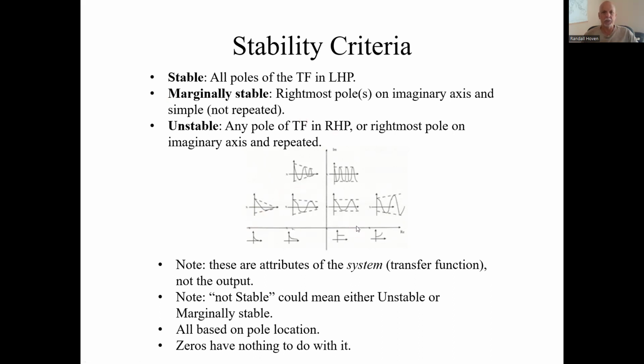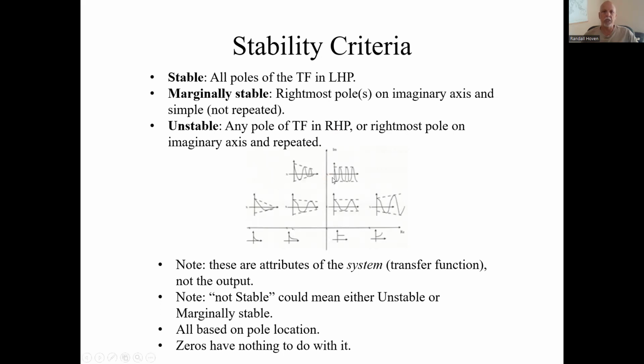Anyway, recall this picture. Strictly in the left half plane, you get shrinking envelopes. Everything's nice and bounded. Strictly in the right half plane, you get growing envelopes. They're unbounded. If they're exactly on the imaginary axis and simple, you get either a constant or a constant sinusoid.